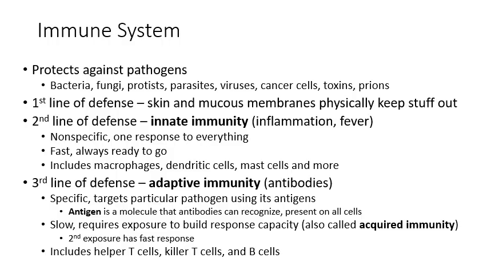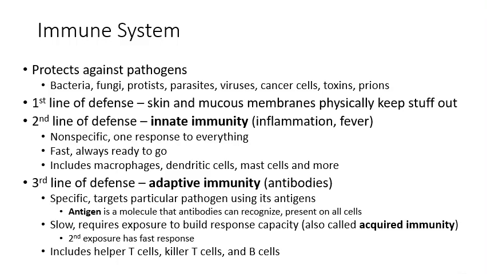For anything that does make it past the first line, you have the second, which is your innate immune system. The innate immune system will respond to any pathogen or any cellular damage. It always has the same response to everything, which is just to cause inflammation. It can also cause fever, but its most basic response is just inflammation. It will react really quickly, but it's non-specific, so it treats all things the same.